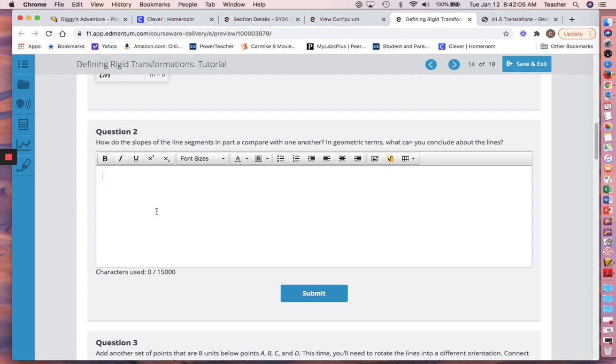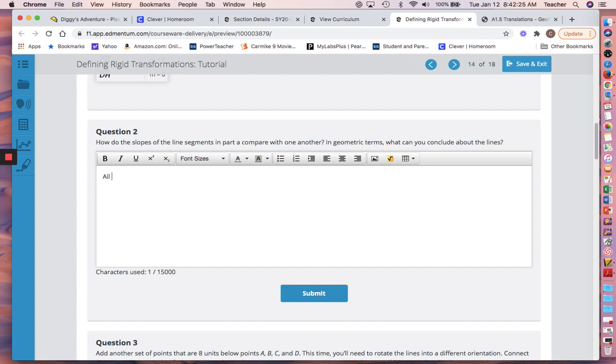All right, so question 2. How do the slopes of the line segments in part A compare to one another? In geometric terms, what do you conclude about the lines? Well, let's see. All 4 lines were horizontal and have a slope of 0. Any lines that have the same slope are parallel. We've learned that before, so I can put that in.